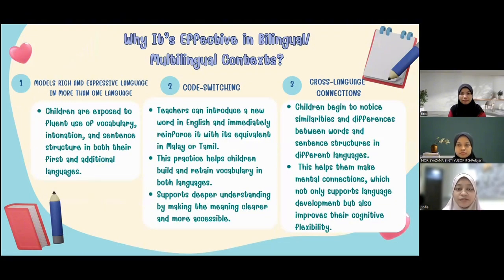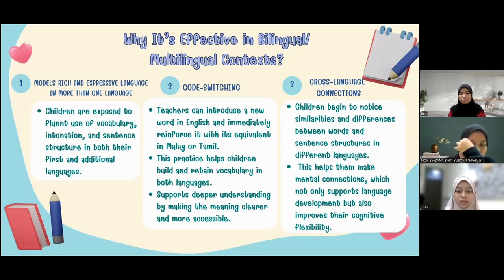Why is interactive read aloud effective in a bilingual or multilingual context? First, it models rich and expressive language in more than one language. Children are exposed to fluent use of vocabulary, intonation, and sentence structure in both their first and additional language. Second, it enables code switching.